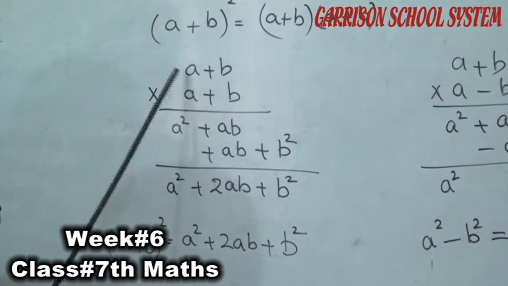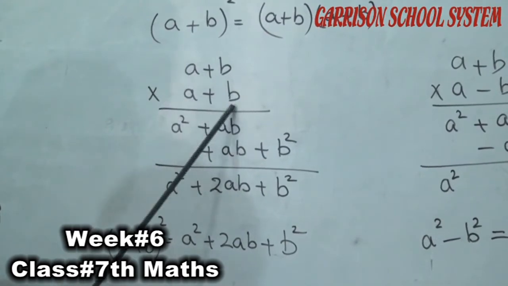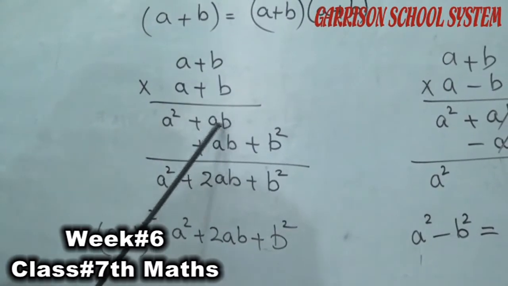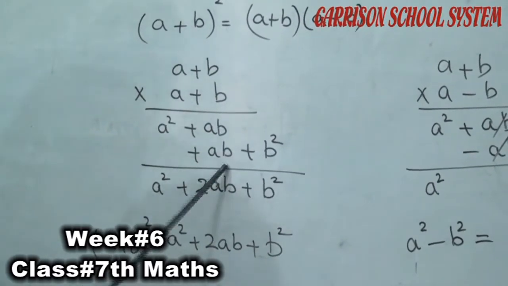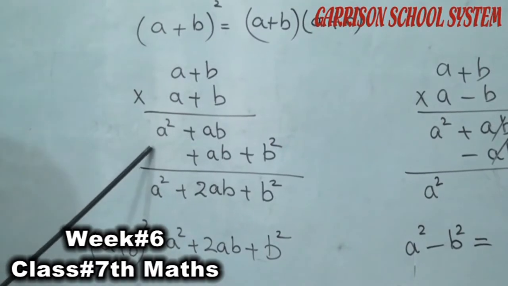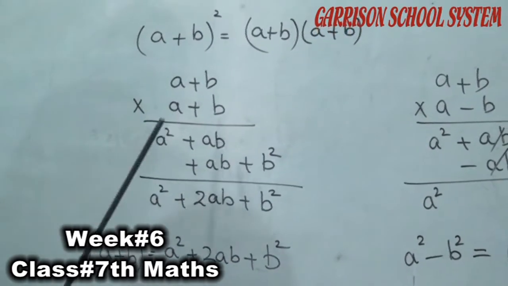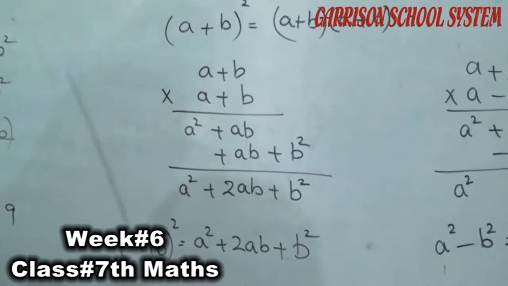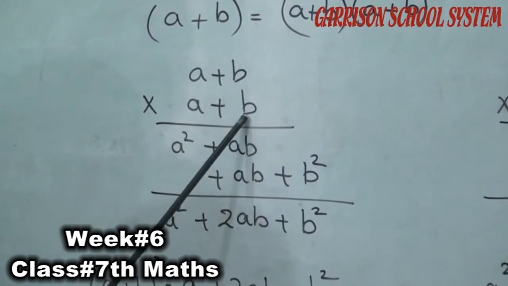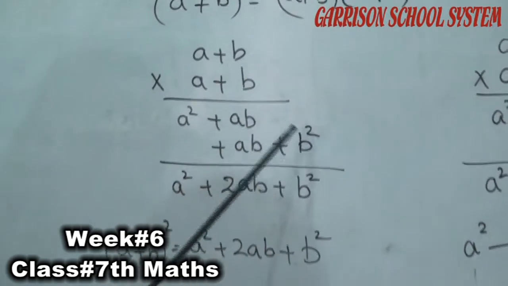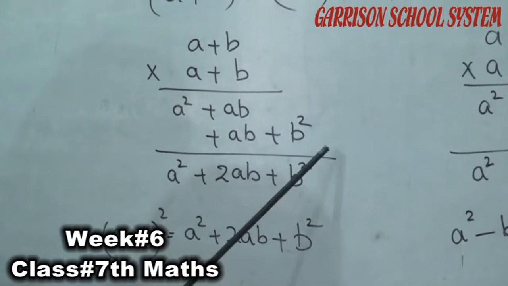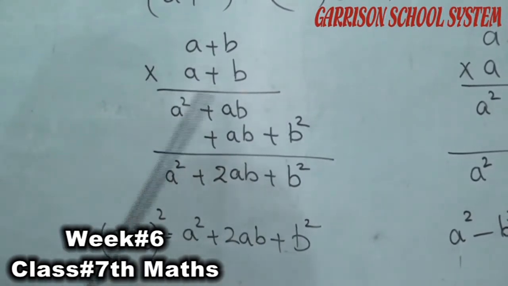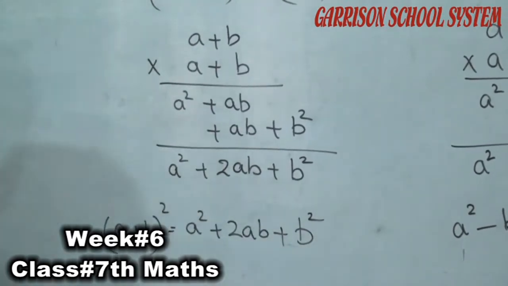So when b is multiplied by a, it will produce ab, and I have written the ab under the ab, not under the a square, because ab and ab are like terms, while a square and ab are unlike terms. So when I multiply b with b, it will become b square, and I have written this in the next column, because a square, ab and b square, these three are unlike terms.